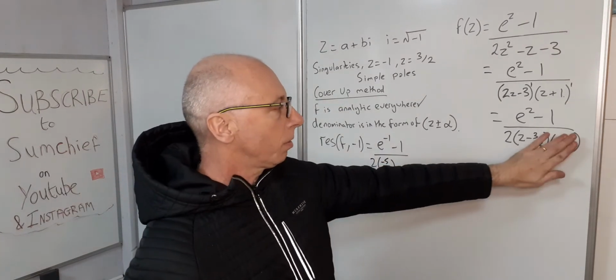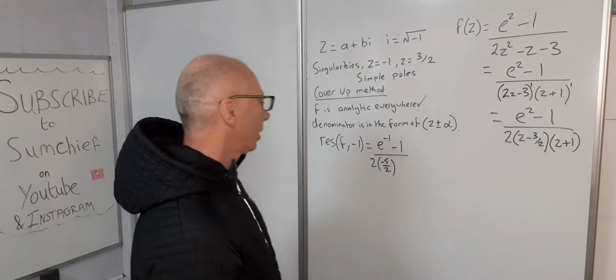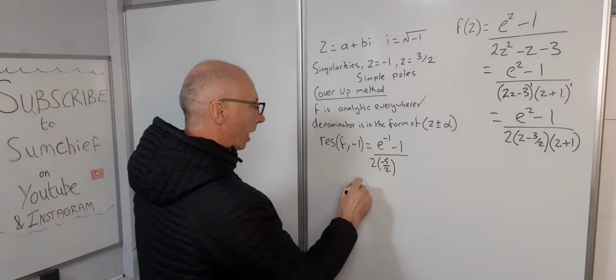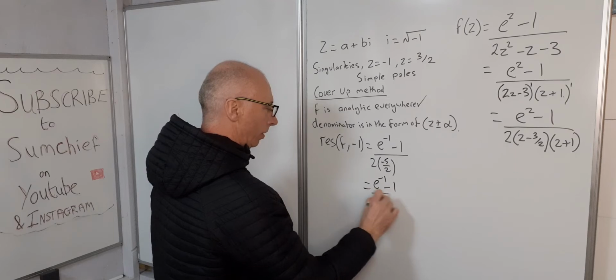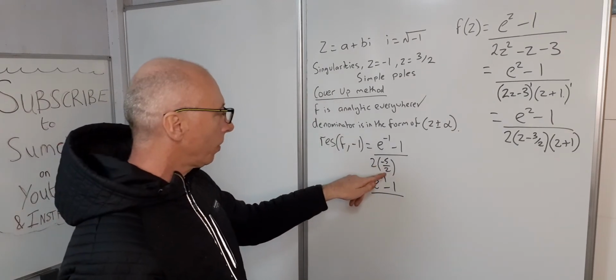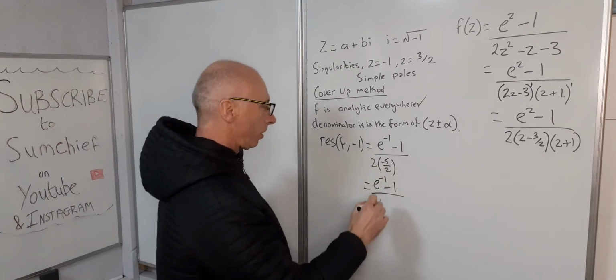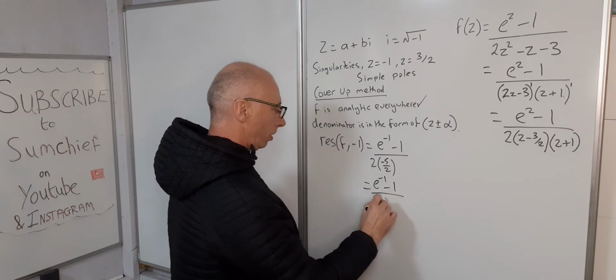And obviously this one disappears, minus 1 plus 1, 0. Now all that's left is to finish this off. That's e to the minus 1 minus 1, over 2 times minus 5 over 2. That's minus 10 over 2, which is minus 5.